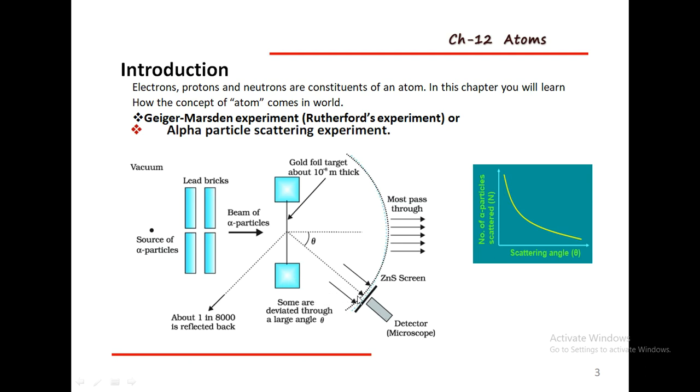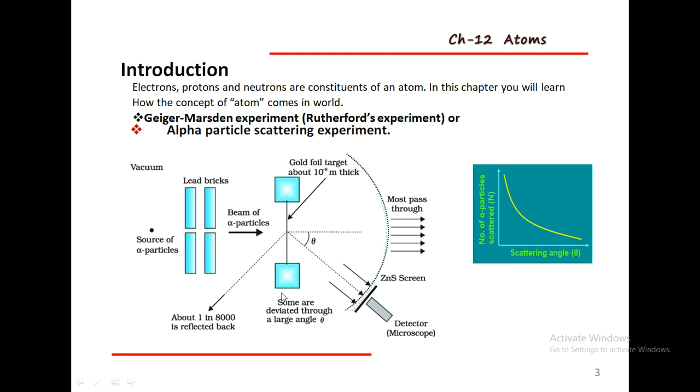Some alpha particles are reflected back, about 1 in 8,000 are reflected back in this direction, and very few alpha particles are reflected back at 180 degree.